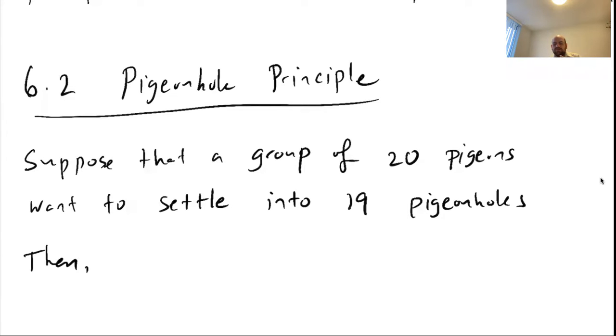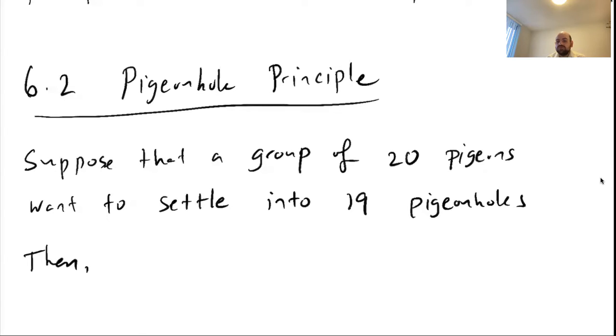right? Because let's imagine, pigeonholes are numbered or tagged with numbers 1 all the way to 19. So let's say first pigeon goes to first pigeonhole, second pigeon goes to second pigeonhole, and so on. So 19th pigeon goes to 19th pigeonhole. Then 20th pigeon must go to one of these 19, which is already full.